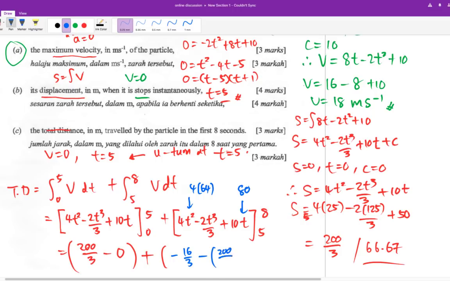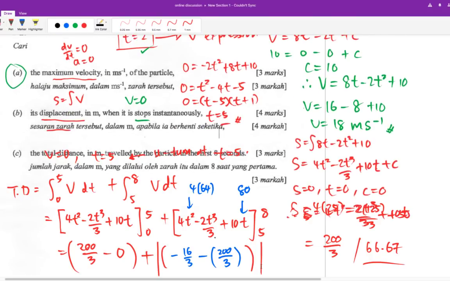Which is 200 over 3. When you get a negative value here, add the modulus on it, because it just means it's in the negative zone. Then you just join them together. This one should be 216 over 3, which is 72. So 72 here, plus the 66.67 here.